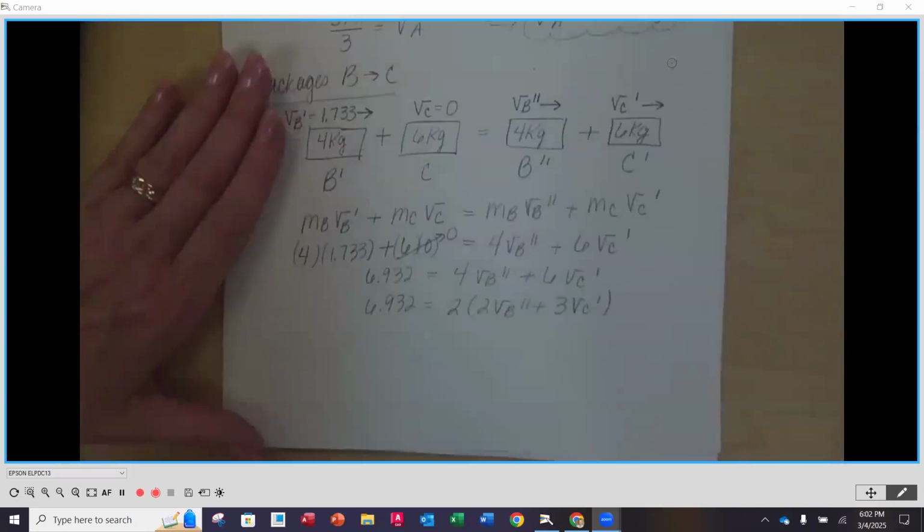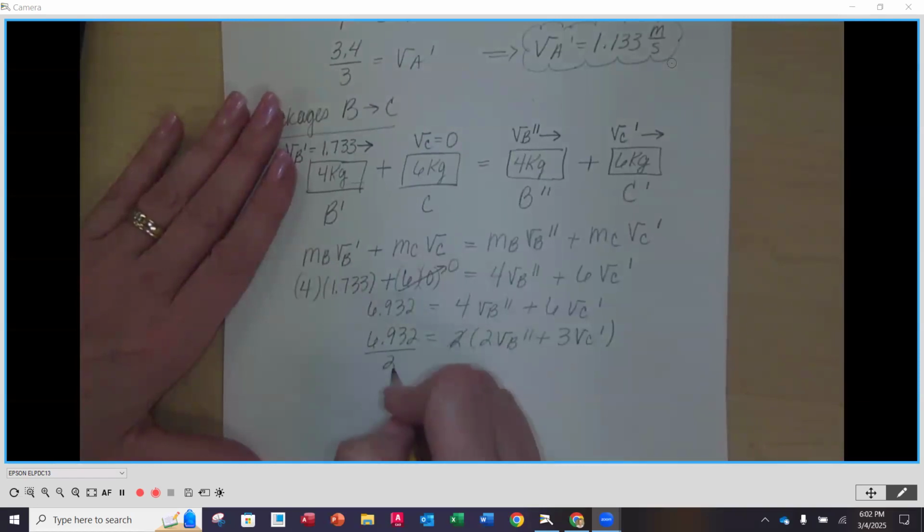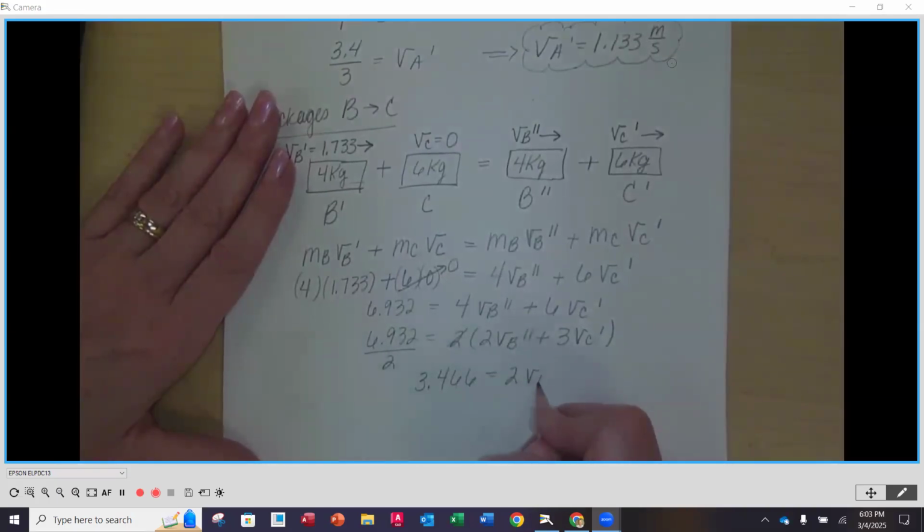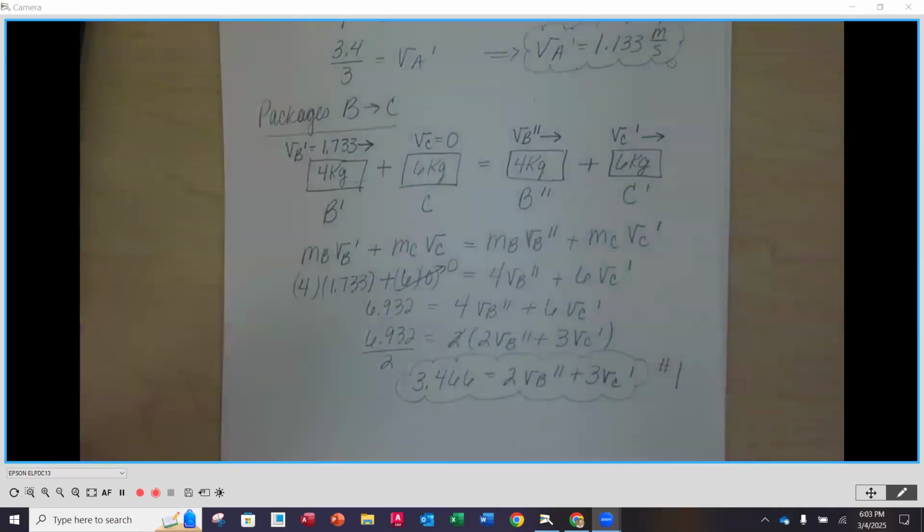Then dividing both sides by 2, our equation number 1 is 3.466 equal to 2 VB prime prime plus 3 VC prime. Just like on the previous one, this is our equation number 1.